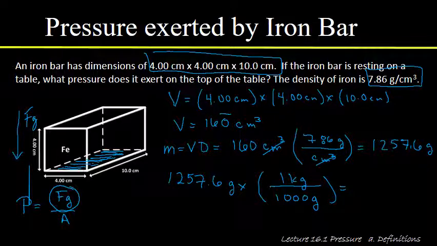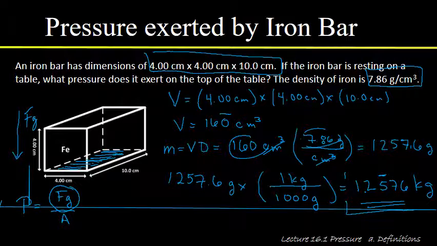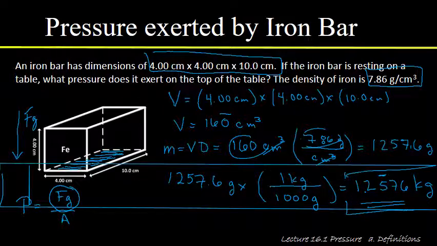So this tells us 1.2576 kilograms. All right. And again, since we had 3 significant figures here and 3 significant figures here, this value here we should write to 3 significant figures. Instead of rounding it off now, I'm just going to put that bar over it to remind us that this mass is correct to 3 significant figures.